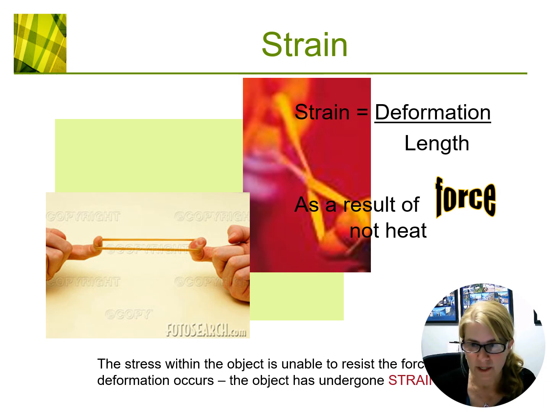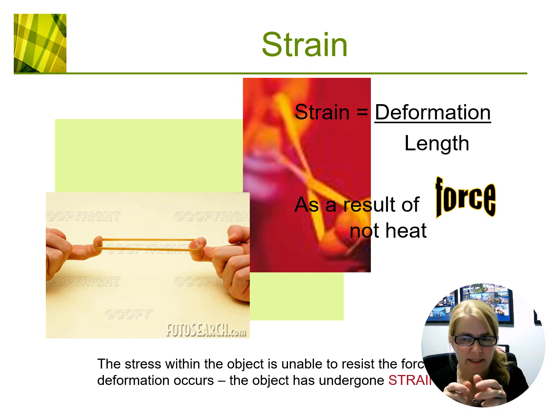I have a ponytail holder, and it's real tight at first, and then it gets a little bigger, still works, a little bigger, still works, because strain, strain, strain, it still works. But then at some point it just gives out, and it's not going to do anything. I might as well tie dental floss around my hair at that point. But we can overstress the elastic and the material will give out.